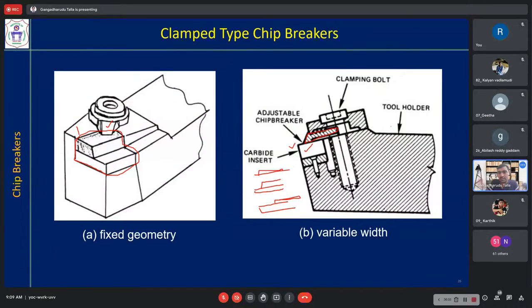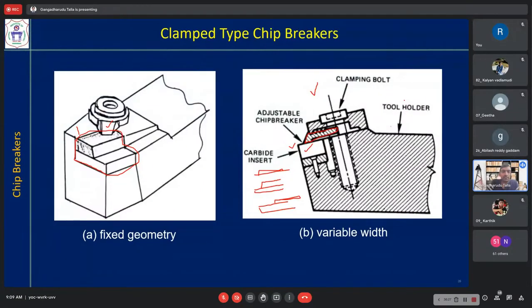Understand? So the width can be varied. This is another type. So obviously here you can operate at a different process parameter range by varying the width, and sometimes you can vary the height also.